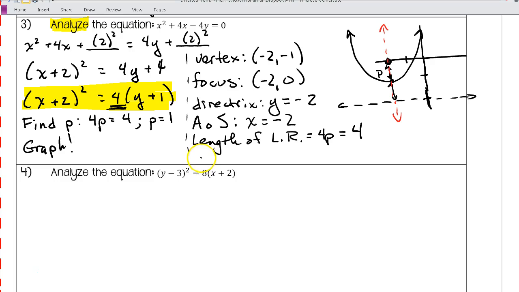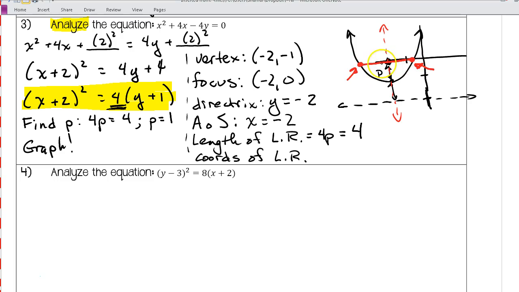And then we want the coordinates of the endpoints of the latus rectum. So I'm going to draw this in over here. Remember, it goes through the focus and connects the opposite sides of the parabola. So this is going to be one coordinate, and this is going to be the other coordinate.